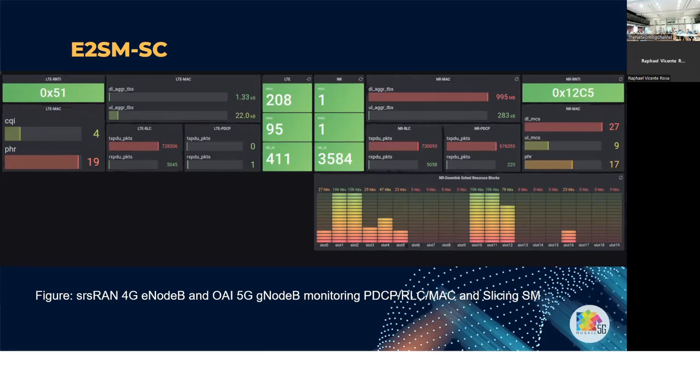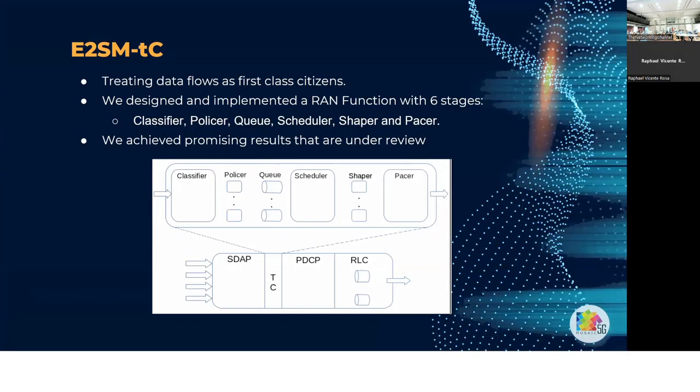Okay, so this was about the slicing service model. Another service model that we believe is very important is the traffic control, TC, the same TC that you have in Linux. You want to control the traffic. Here our TC is composed of 6 stages, located between the SDAP and the PDCP layer.